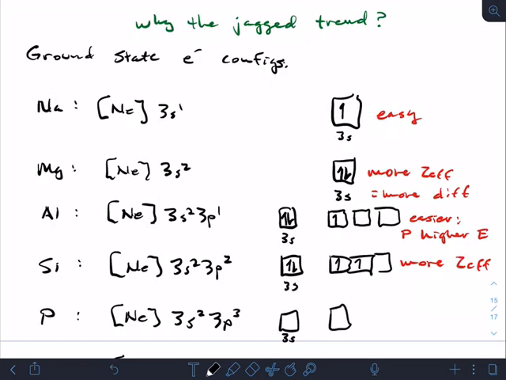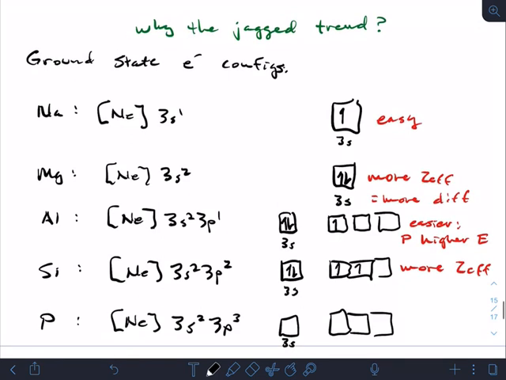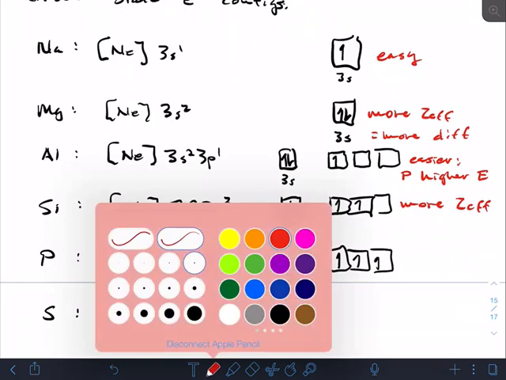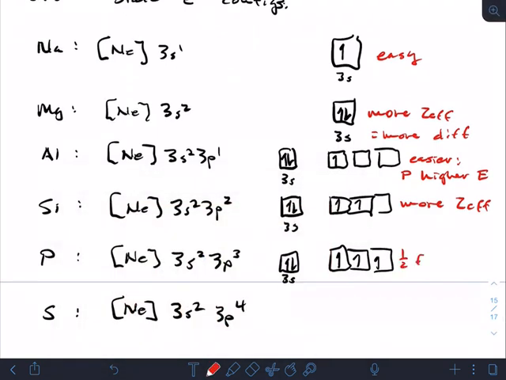Right? We get to the 3p. The 3p, guess what we're faced with? Half full p makes this a little more difficult. That half full p is more stable.